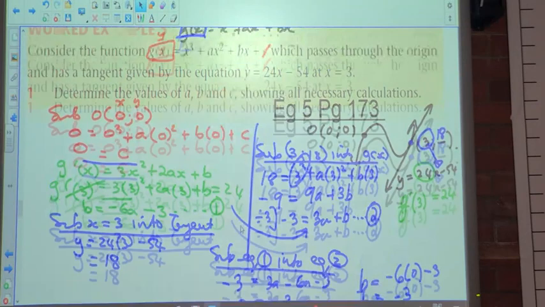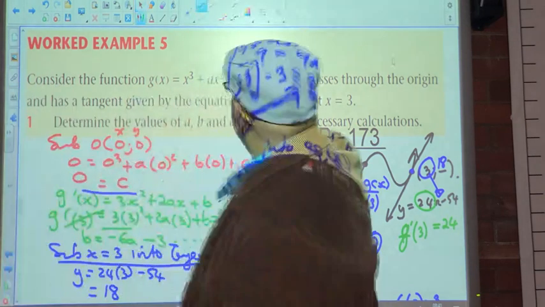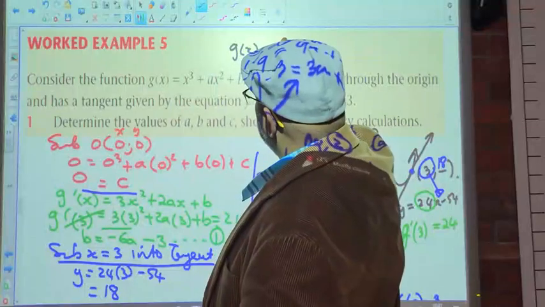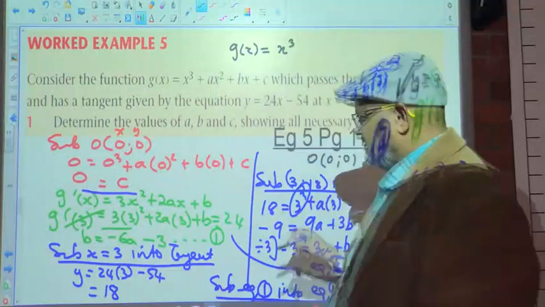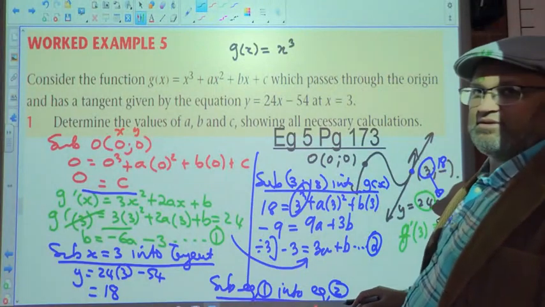So let's pull this in here quickly. So my equation now reads g of x equals x cubed. What is the value for b? A was 0 or b was 0?